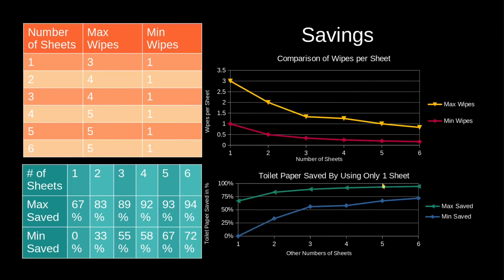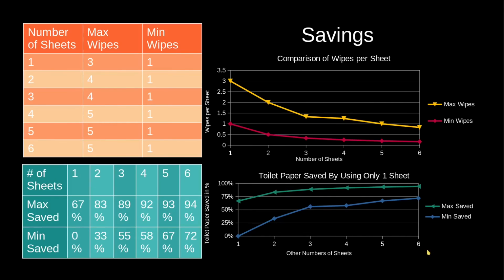This green line is the maximum amount of savings, which is if you're going from a minimum strategy of these, minimum number of wipes per this number of sheets, to the maximum number of wipes per one sheet. That's what this green line is.